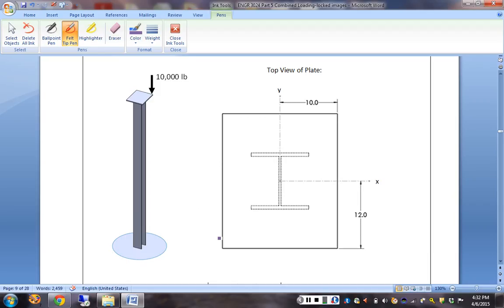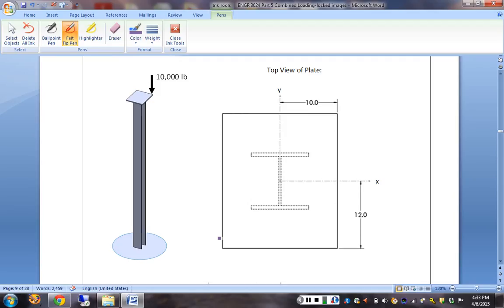So this is the overview. There's my plate, and I've got 10,000 pounds pressing down on the upper corner of this plate. That's the point of application, into the screen on a big view of the top plate.